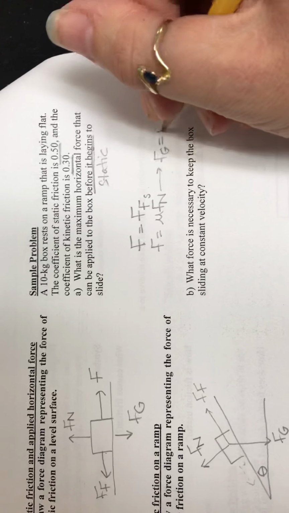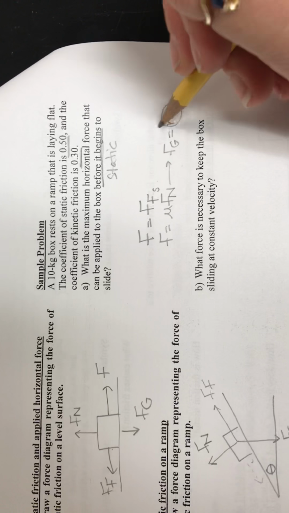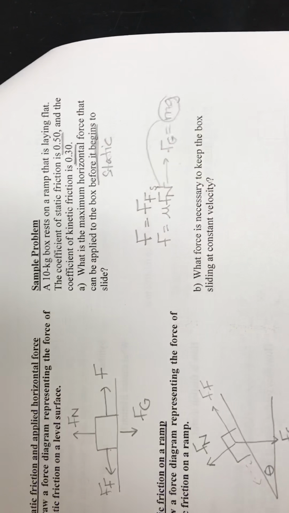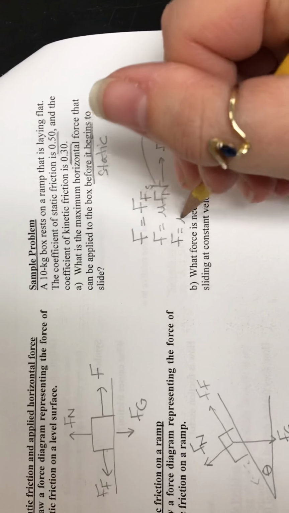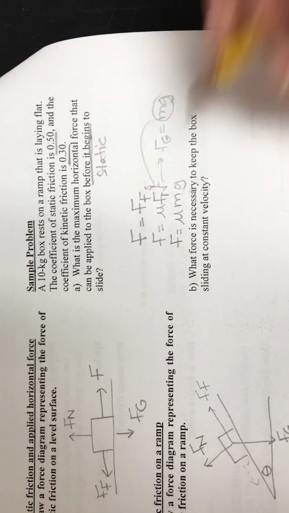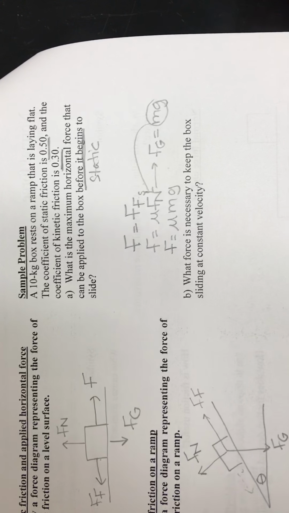We know the force of gravity equals mg, so we can substitute that F_n equals mg, or write out that F equals mu mg. This is good whenever we're on a flat horizontal surface.